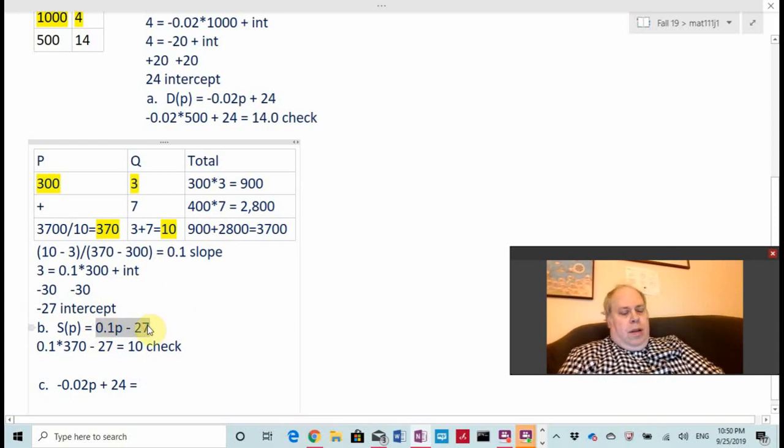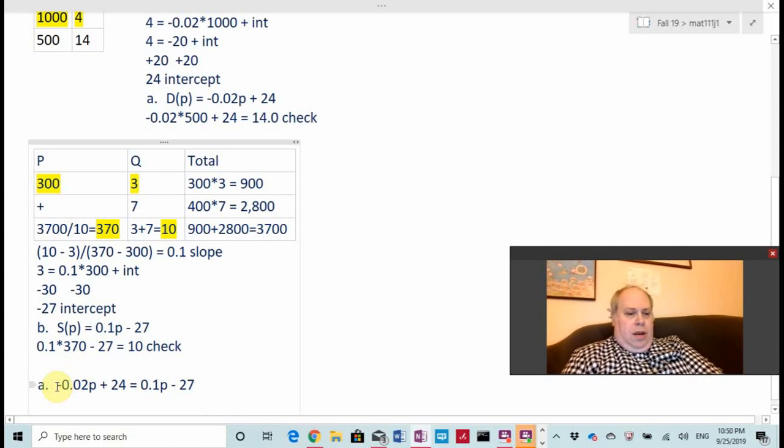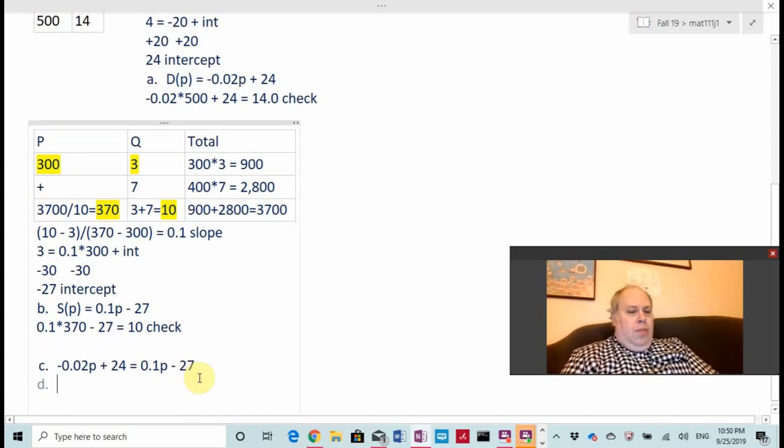The supply function will give us a quantity for a price, and so will demand. When both of them are the same, we are at equilibrium.